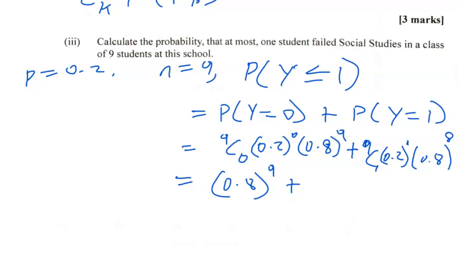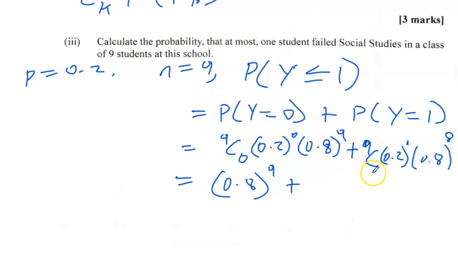Plus, and then over here, 9 choose 1 times 0.2 to the power of 1 times 0.8 to the power of 8. We can use our calculator for that, and write that out in one go.